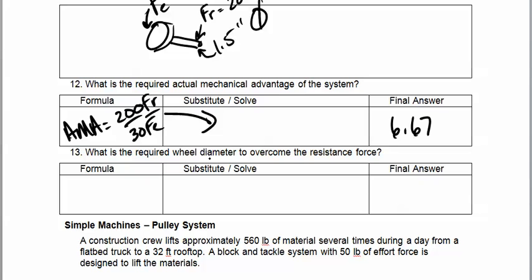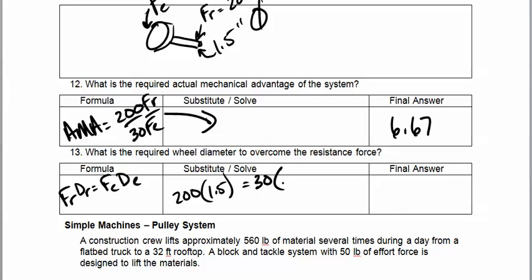What is the required wheel diameter to overcome the resistance force? Well, hopefully by now you're starting to get this equation. And sometimes I'm going to admit I probably, without even thinking about it, flip it around, and maybe that's confusing, and I apologize. The resistance force, they told us, was 200. The resistance distance is going to be the diameter, and that's 1.5. And the effort force, they told us, was 30.